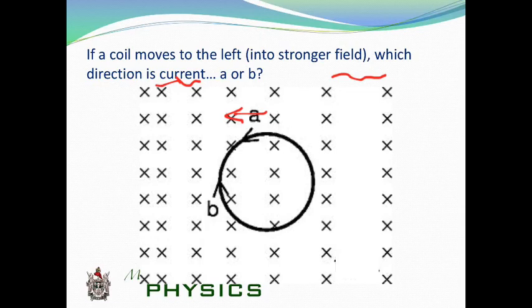In order to compete against that more flux, to oppose it, you want current going this way, because current going this way is going to generate the dots coming out at you, and you want more dots to oppose the fact that you're going to get more X's. So this one is going to be going counterclockwise.